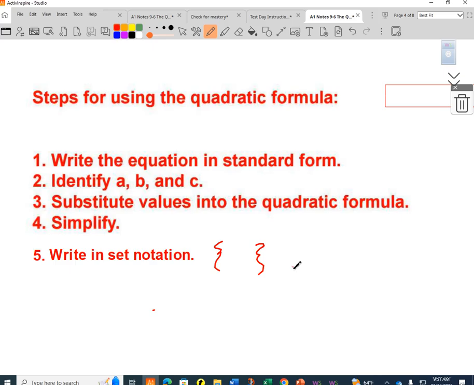If there is no solution, you don't have to put that in set squiggly brackets. You can just write no solution. Okay. Y'all caught up with me?